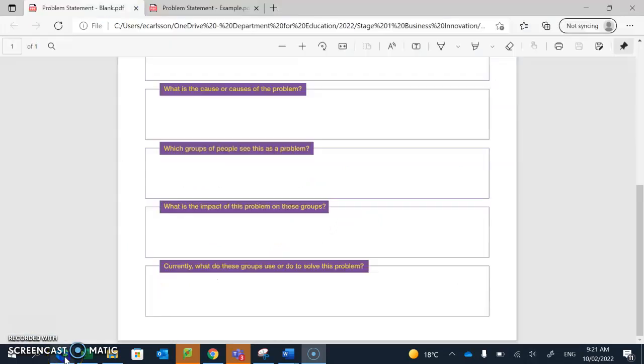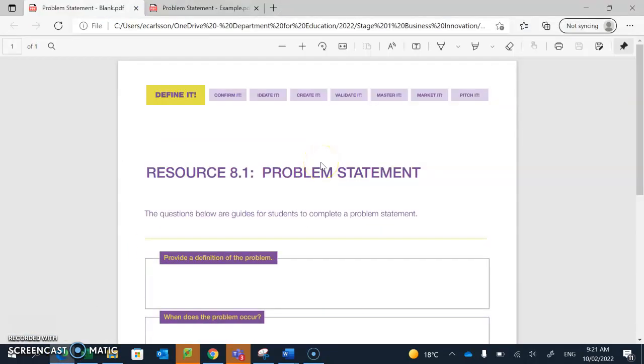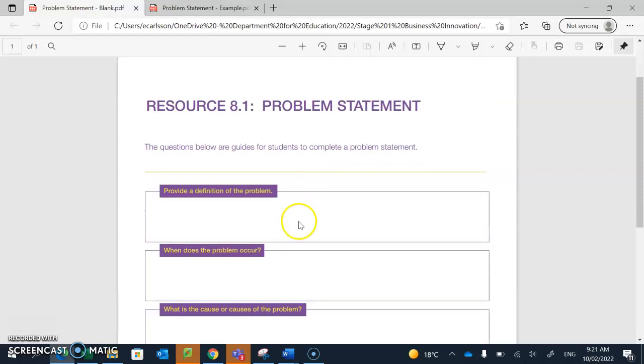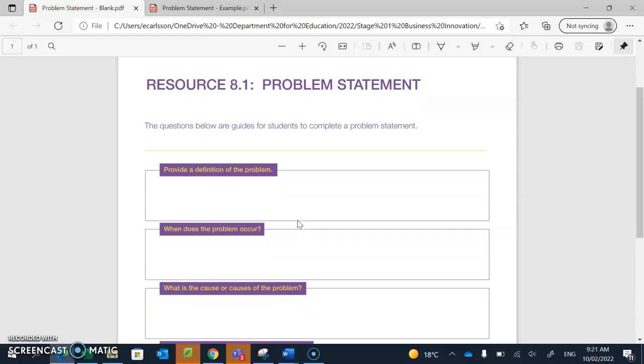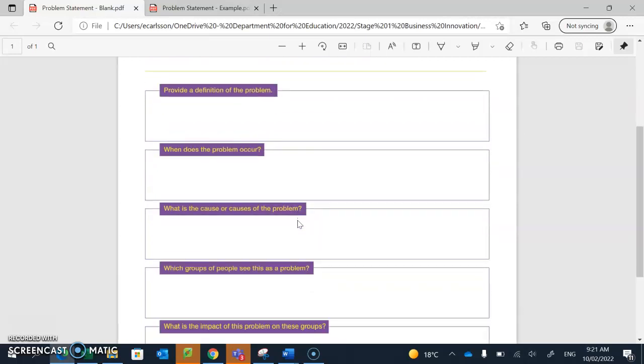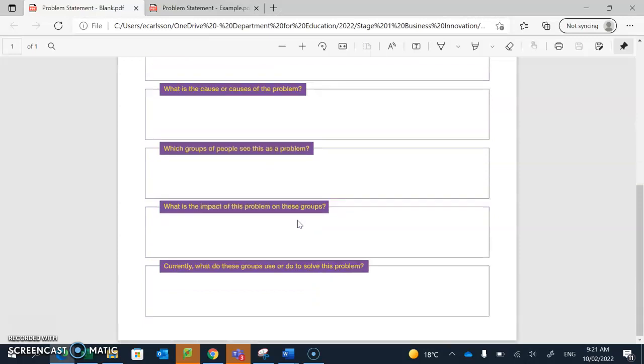Okay, so we have a blank document here. It's a problem statement. You can't edit this document, unfortunately. What I want you to do is pop it in your books, okay? So you need to provide a definition of the problem. So that's what you did on Monday. Decide when the problem occurs, what the cause or causes of the problem is, which groups of people see this as a problem, what is the impact of this problem on these groups.